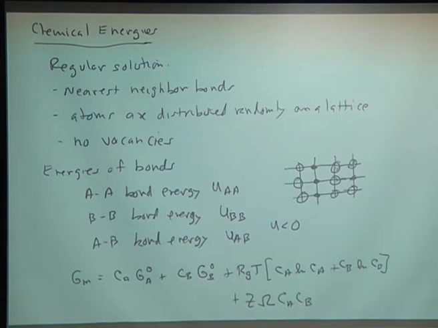All right, so Ca is a mole fraction, which is equal to the number of atoms of A divided by the total number of atoms in the system. And Cb is the same way. It's the fraction of B atoms over the total number of atoms of the system. So it's a fraction, and it goes between 0 and 1.